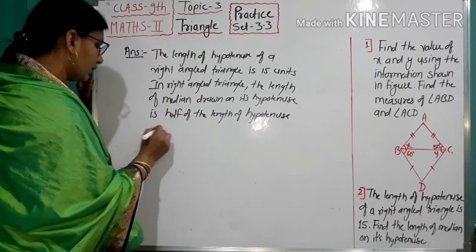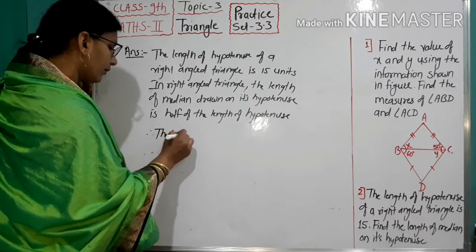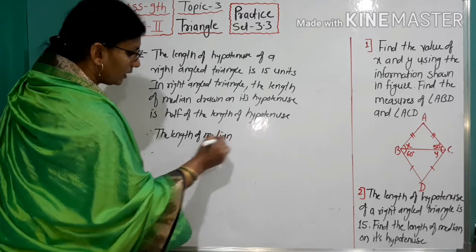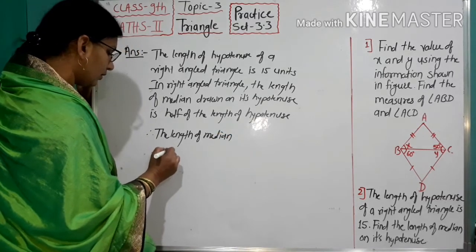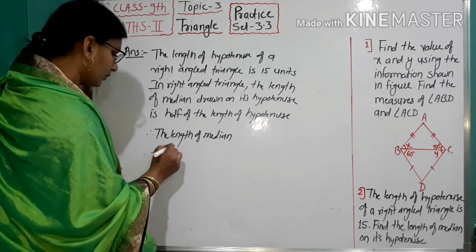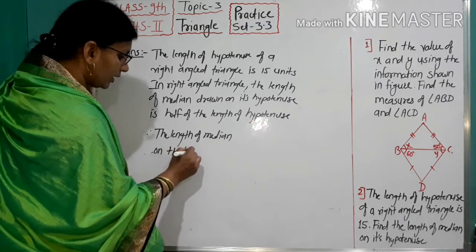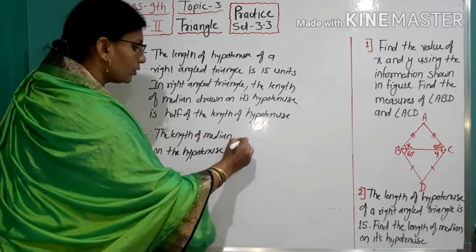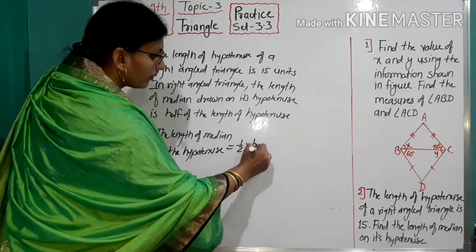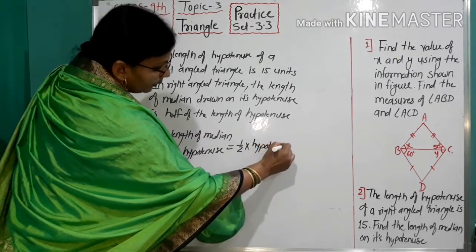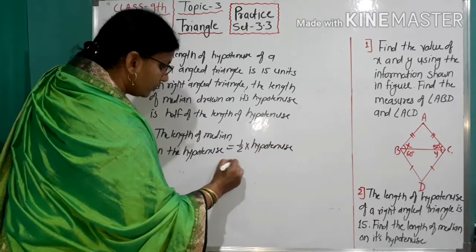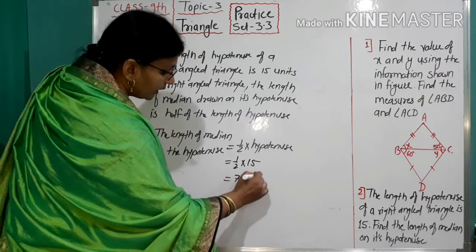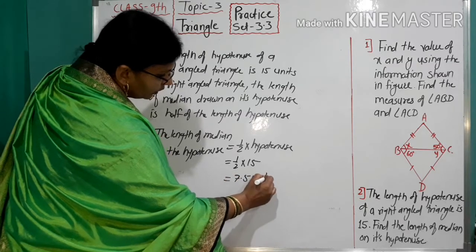Therefore, the length of the median on the hypotenuse equals 1/2 into hypotenuse. Put the values: 1/2 into 15 equals 7.5 units.